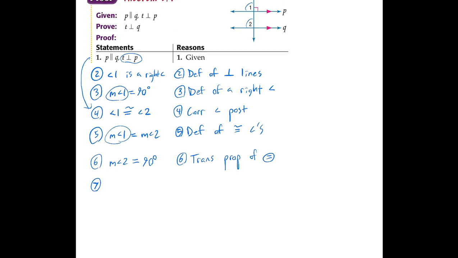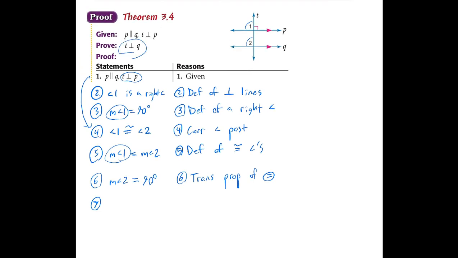Okay, so number 7 here is, what do we have? We have angle 2 is 90, and we want to show that T is perpendicular to Q, so we're just going to step these first 3 steps backwards. We're going to start with 90, go to right angle, then we're going to go from right angle to perpendicular. So exact same steps in reverse. Angle 2 is a right angle. Okay, what told us that?